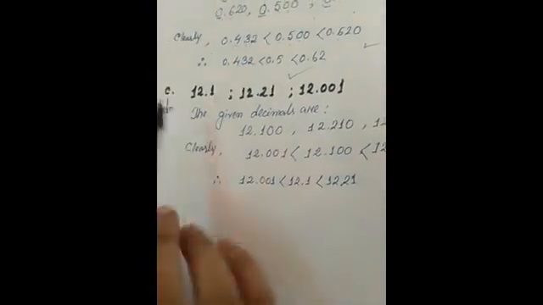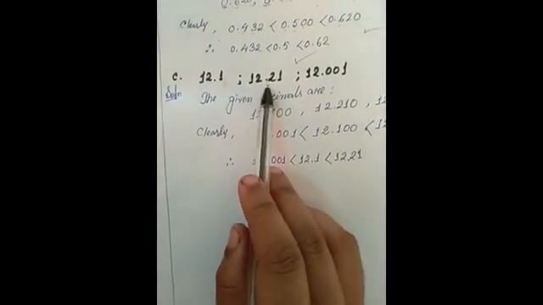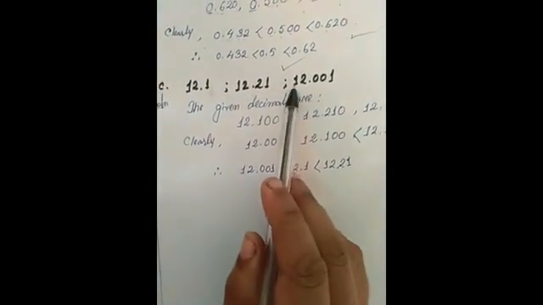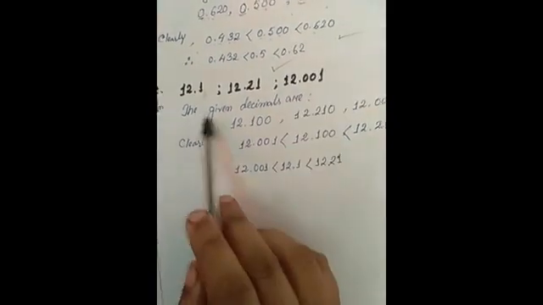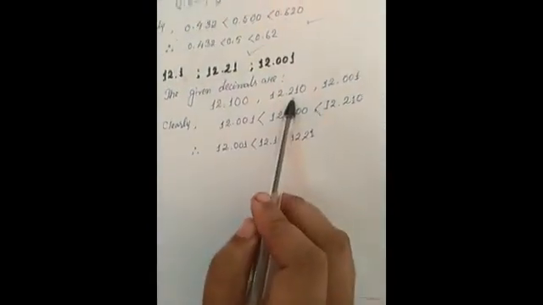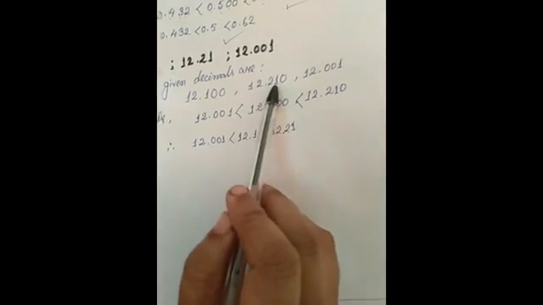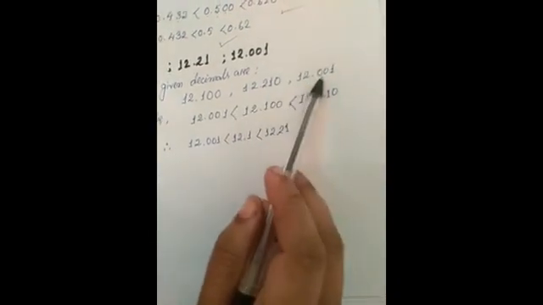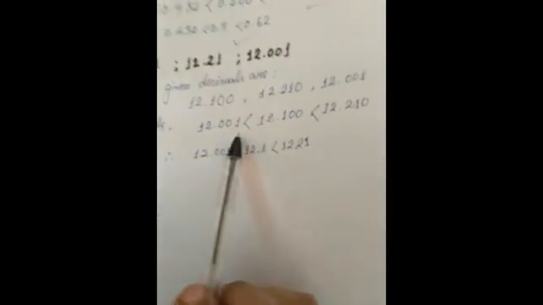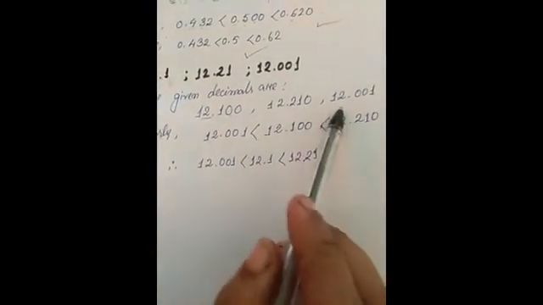Alright, now let's do one more. Question C number one: 12.1, then 12.21, and the next one is 12.001. So the given decimals we can write like this after converting into like decimals: 12.100, 12.210, and 12.001. You can clearly see the whole part is the same: 12, 12, 12.